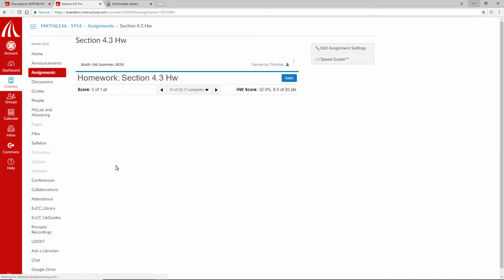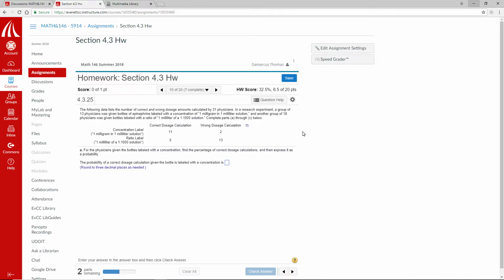Let me start with 10. Let's see what 10 looks like. Okay, yeah. The concentration label or the ratio label, correct dosage, wrong dosage. So use a 2x2 table. Let's move on.